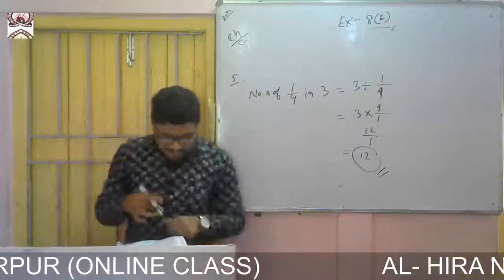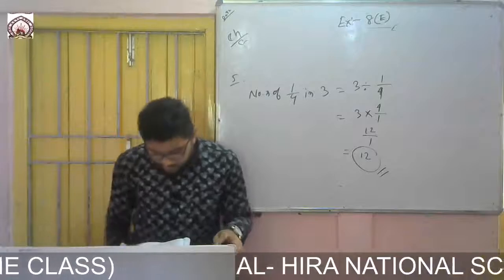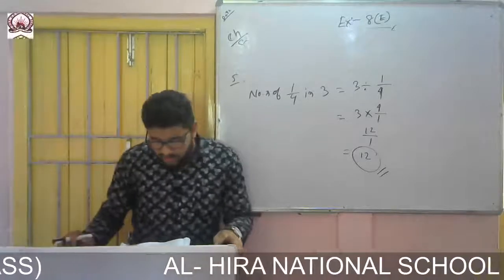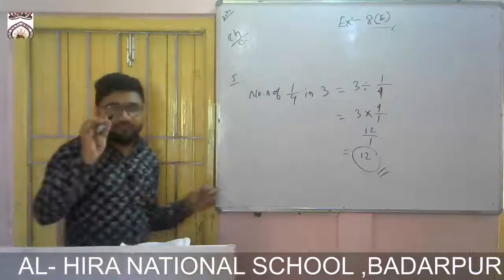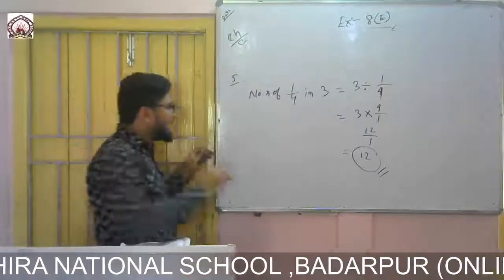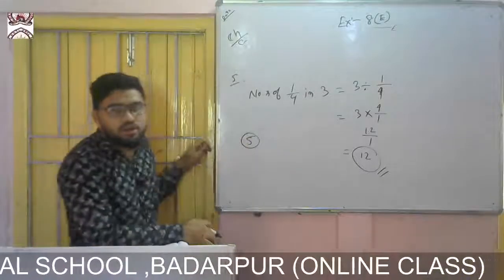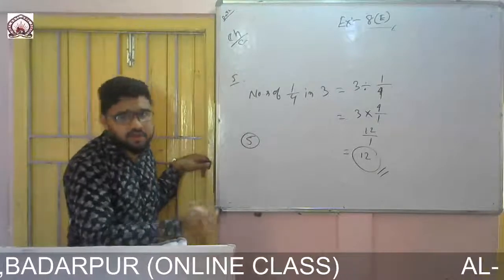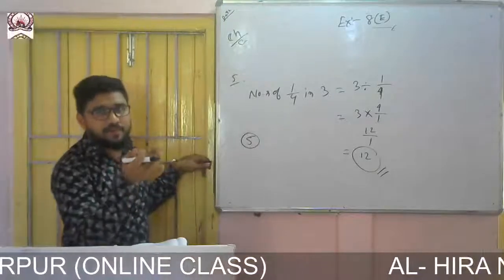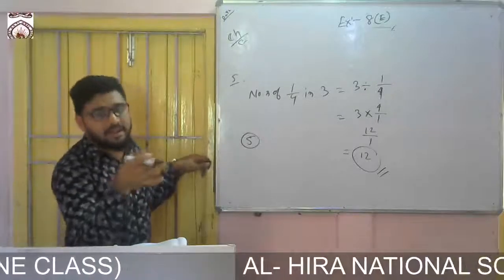So now come to question number 6. Bimol walks 4 1/4 kilometers every day. What distance does he walk in 12 days? So it is easy. Suppose you read 5 pages every day. So how many pages will you read in 3 days? 15 pages, because 5 pages in one day, another 5 in another day, another 5 in another day.